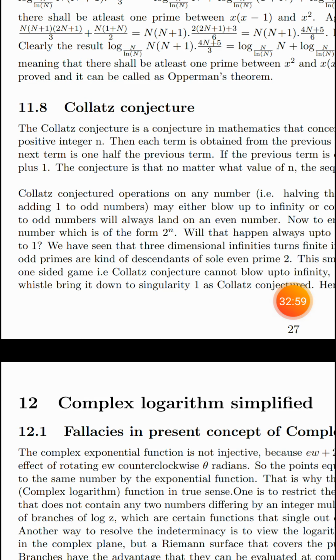But 2 and 3, because they are co-moving along the same unit circle, up to infinity also they will do the same thing, and eventually this game will end in 1, because whenever an even number of the form 2 to the power n is encountered, the game will decline to 1.